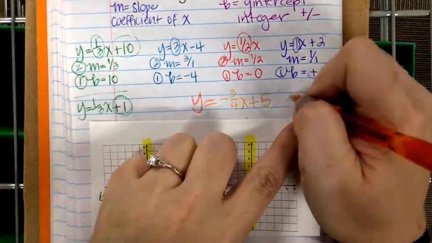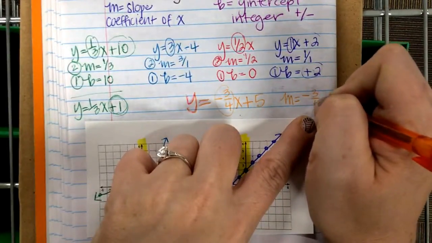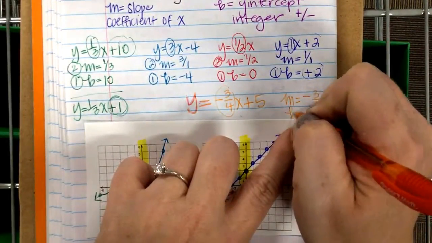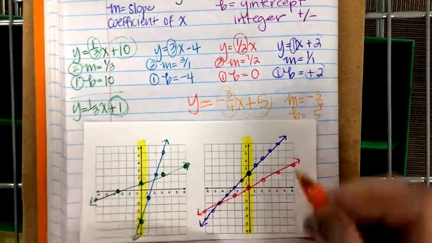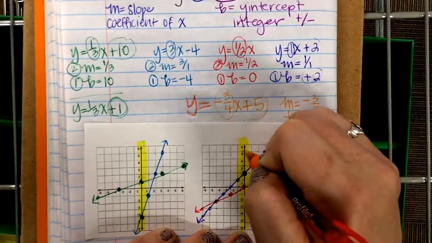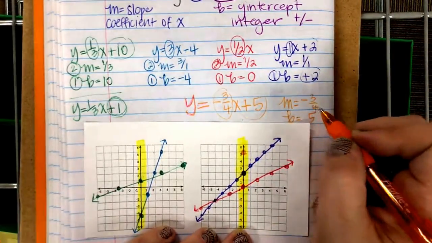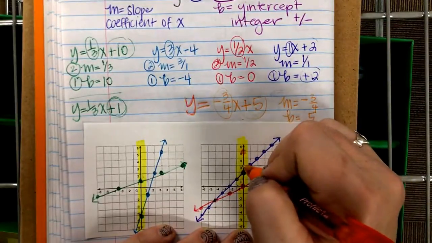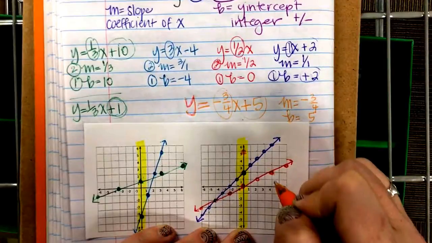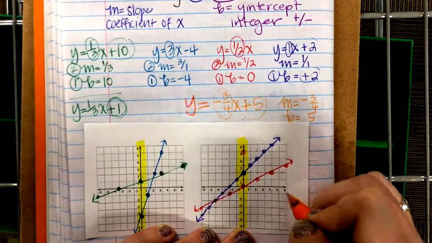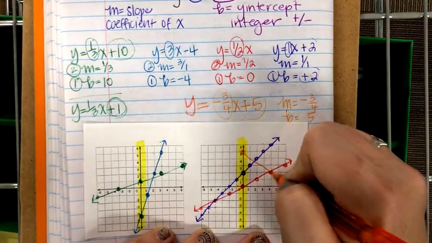So my slope is negative 3 over 4, and my intercept is 5. So I start at 5, and from that point I'm going to do negative 3 over 4. So down 3 over 4, down 3 over 4. I went off a little bit just so that we could see what it looked like.